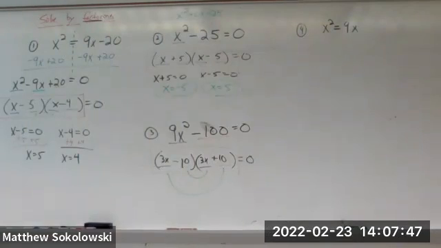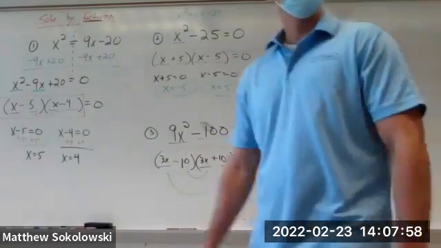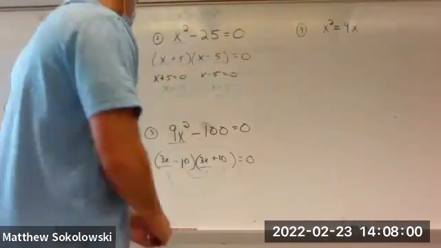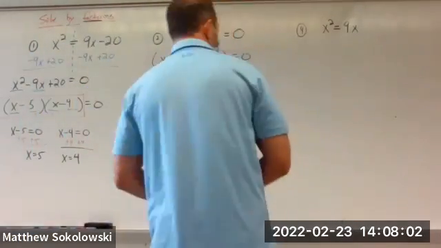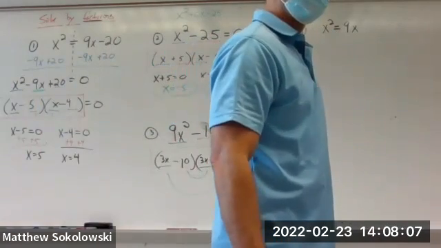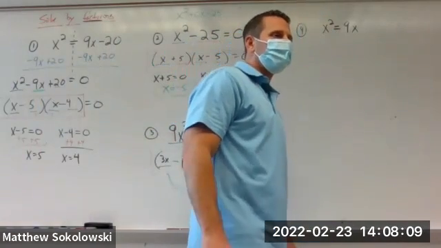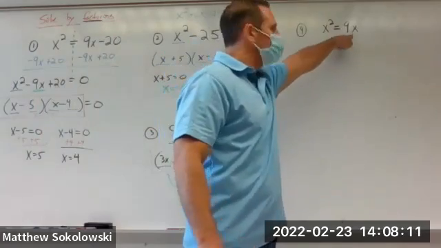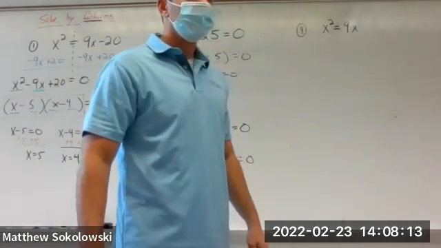Now, what's the first thing we need to do in these problems? Make it equal to 0. Nice. So how are we going to make this equal to 0? Yeah, Brandon. X squared. Yeah, I want this to be a 0.